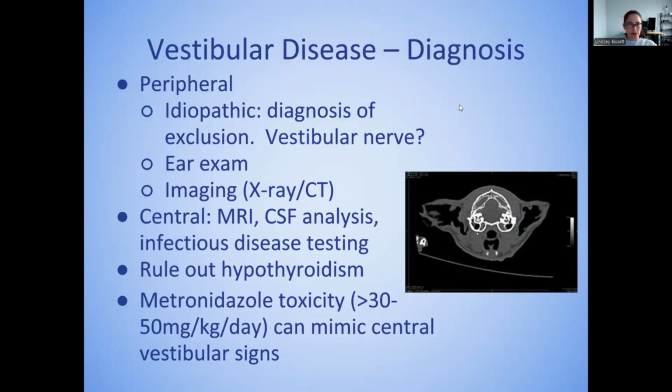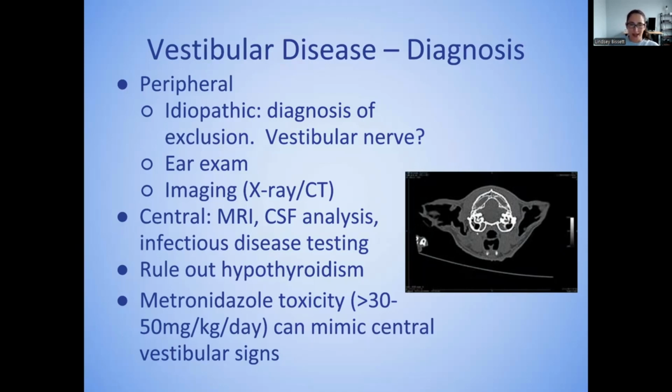So when it comes to diagnosis, as I previously said, peripheral is definitely the most common. So do an ear exam to rule out any issues with the tympanic membranes. And if everything else is pointing to peripheral as well, you kind of get backed into it most likely being idiopathic vestibular disease.